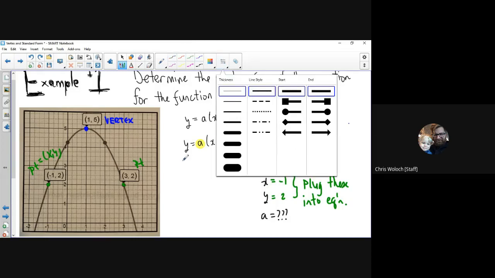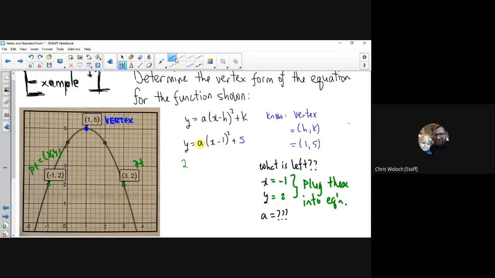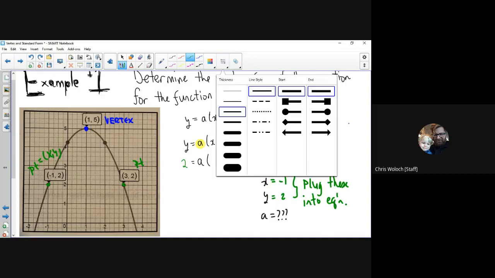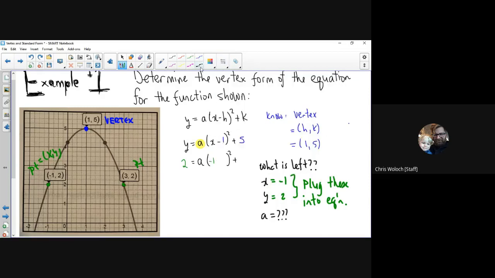I'm going to have 2 equals a, my x is -1, so (-1 take away 1) squared plus 5. Okay. And then now what we're going to do is just solve for the a value.